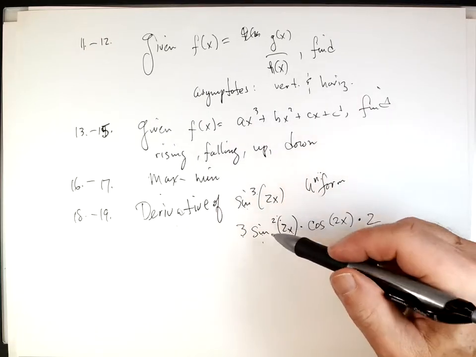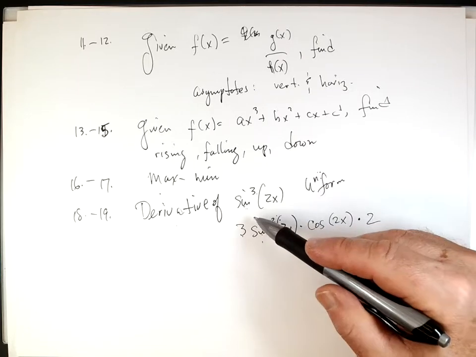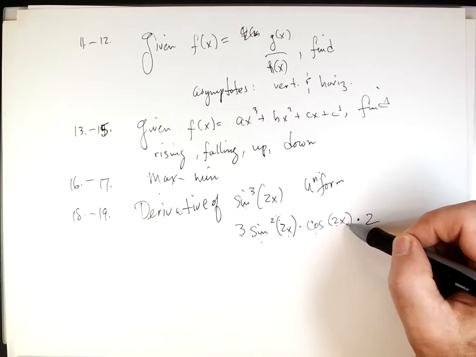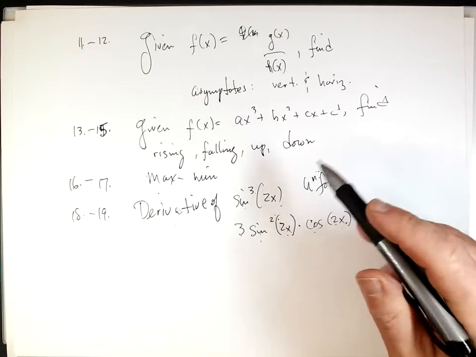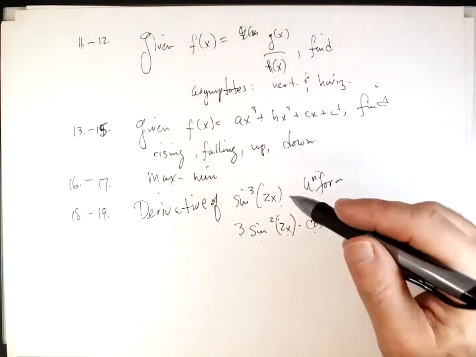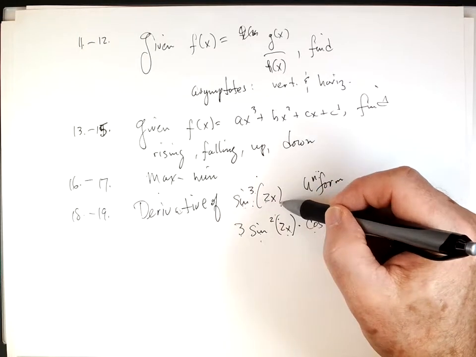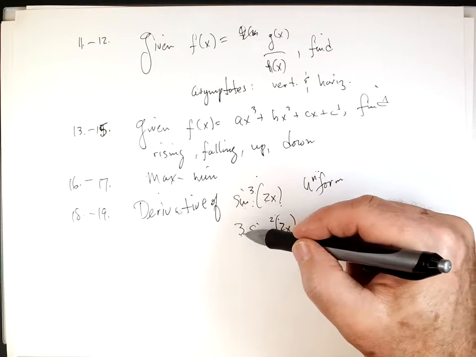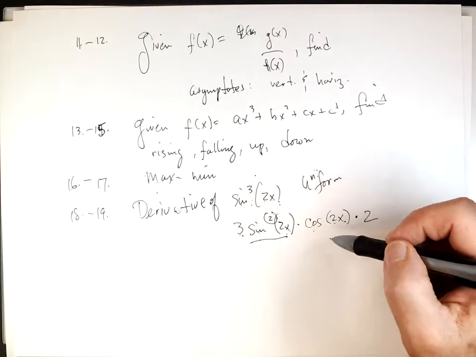Now you have to take the derivative of the sine 2x. No, I'm sorry, I'm screwing that up. I'm going to start all over again. This is a u to the n form where u is sine 2x. The derivative is n u to the n minus 1 du dx.